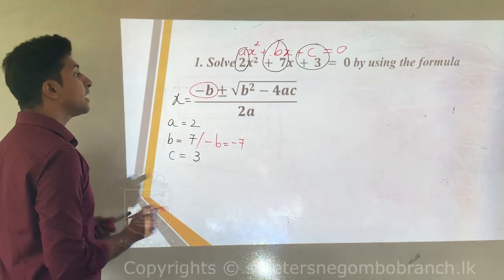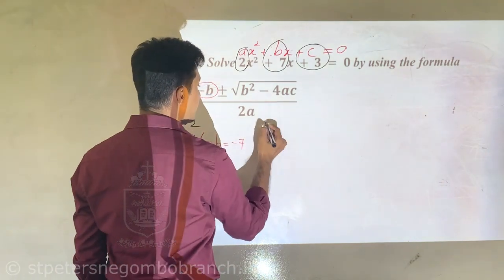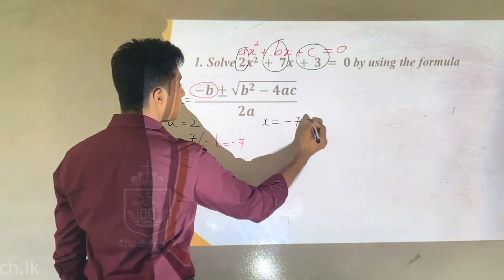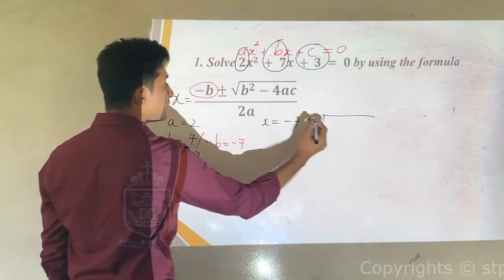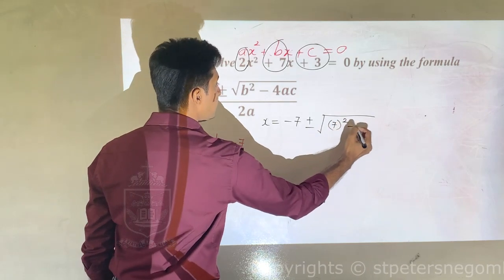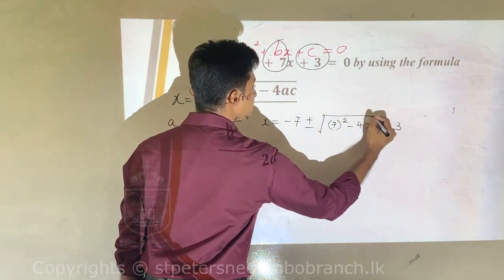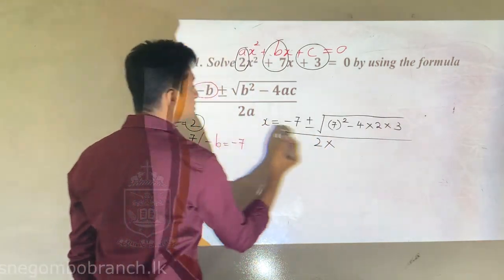Then, now I can go and apply it to the formula. When you apply it to the formula, then x equals minus b is minus 7 plus or minus square root b squared is 7 squared minus 4 into a value is 2, c value is 3, divide by 2a. The a value is 2.